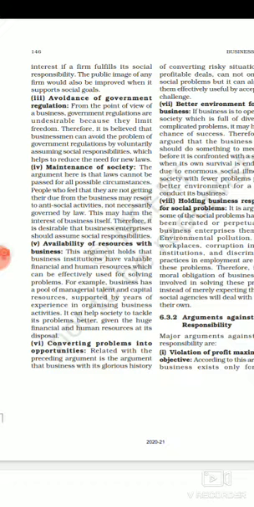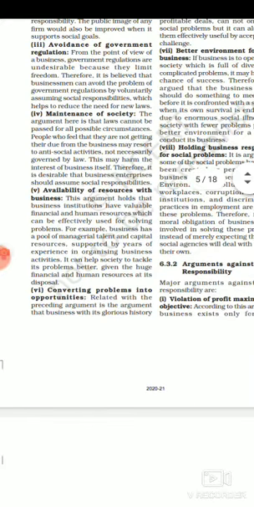For each and everything law has not been made. So there will be certain anti-social activities which can be conducted by these people, and after that it's going to adversely affect whom? It's going to adversely affect the business.